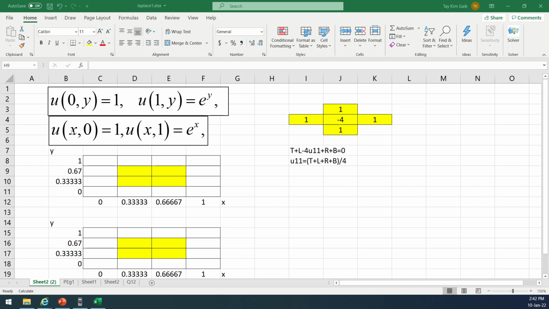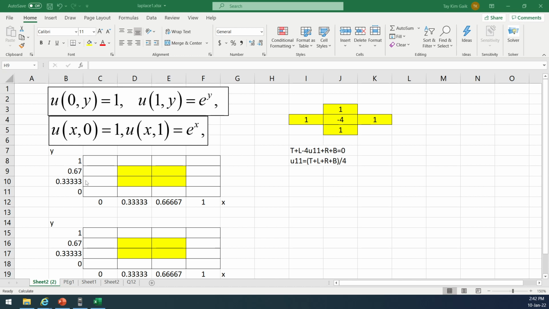Please answer me. u(0,y) equal to 1, put it where? Nobody sitting in front.